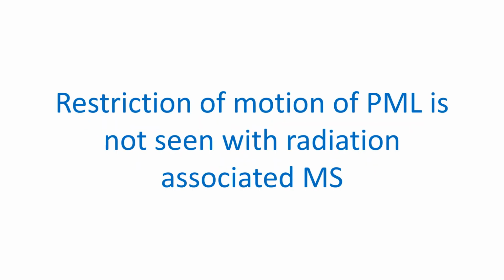This is also called the mitral aortic membrane or aortic mitral curtain, with calcification extending from the non-coronary aortic cusp to the anterior mitral leaflet. Restriction of motion of the posterior mitral leaflet is not seen with radiation-associated MS.